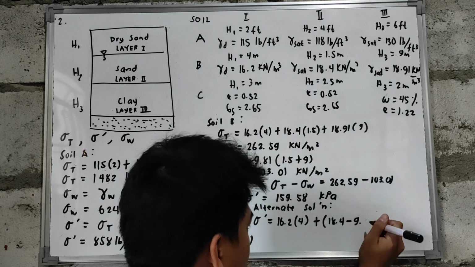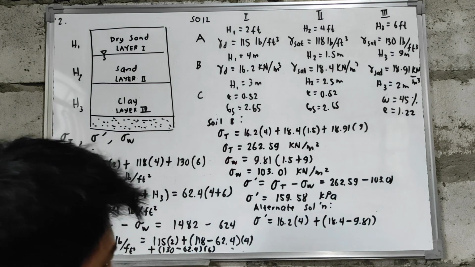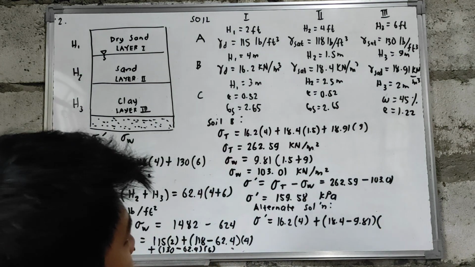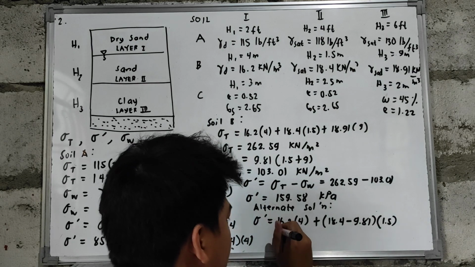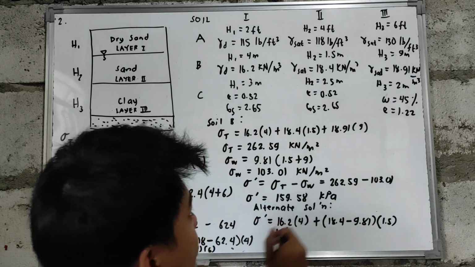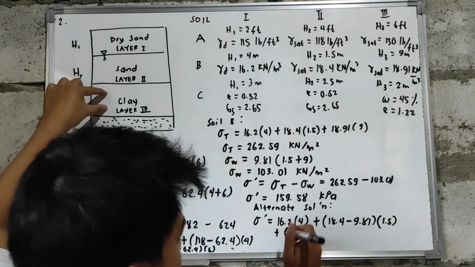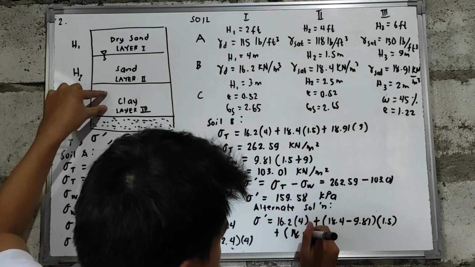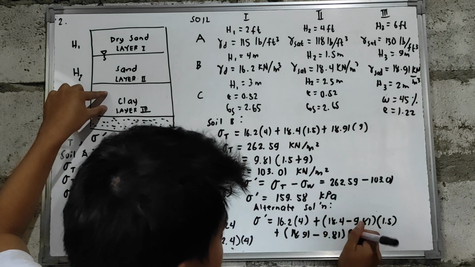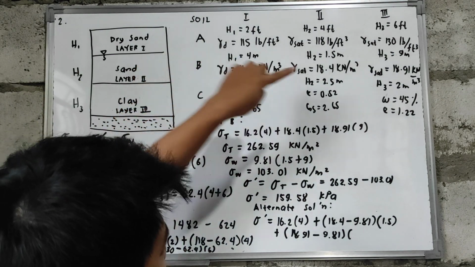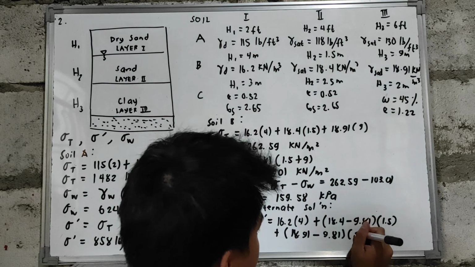Ma-minus natin yung tubig na 9.81 kilonewton per cubic meter. And then, imumultiply natin sa height niya, which is equal to 1.5. Plus, yung unit weight ng saturated clay na 18.91, ima-minus natin yung value ng tubig na 9.81 multiplied by yung height niya which is equal to 9 meter.